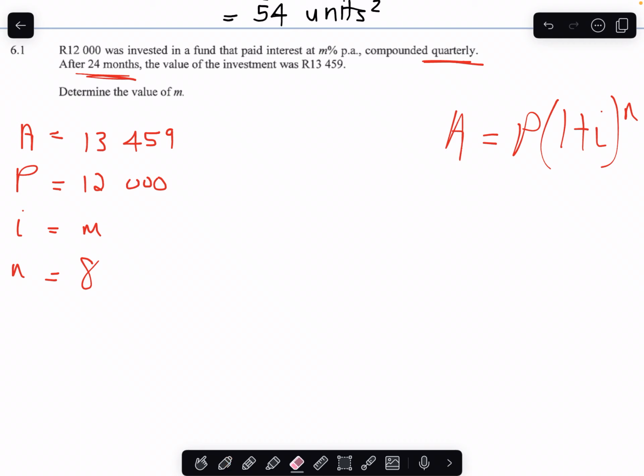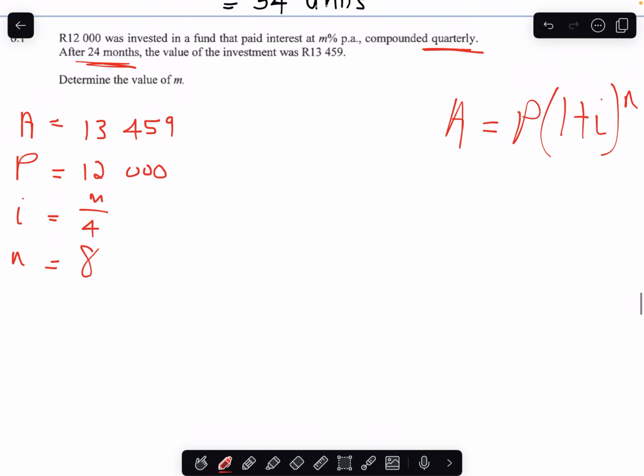In fact, technically i is whatever M is divided by 4, because M is the per annum, and each quarter we're going to compound by M divided by 4, because there's 4 quarters in a year.